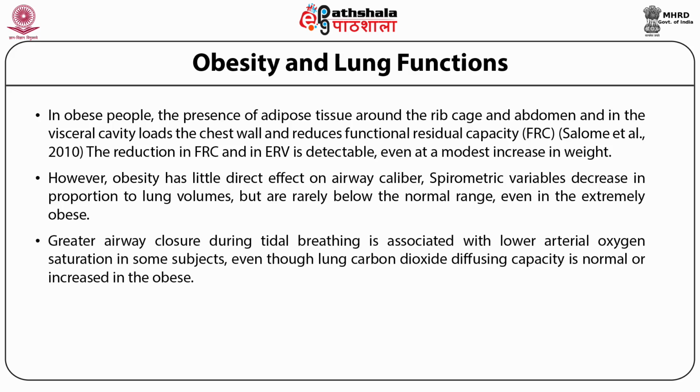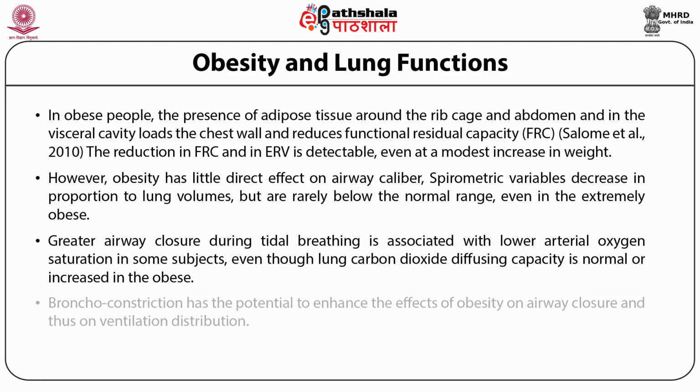Greater airway closure during tidal breathing is associated with lower arterial oxygen saturation in a few people, even though lung carbon monoxide diffusing capacity is normal or increased in the obese. Bronchoconstriction has the potential to enhance the effects of obesity on airway closure and therefore on ventilation distribution.